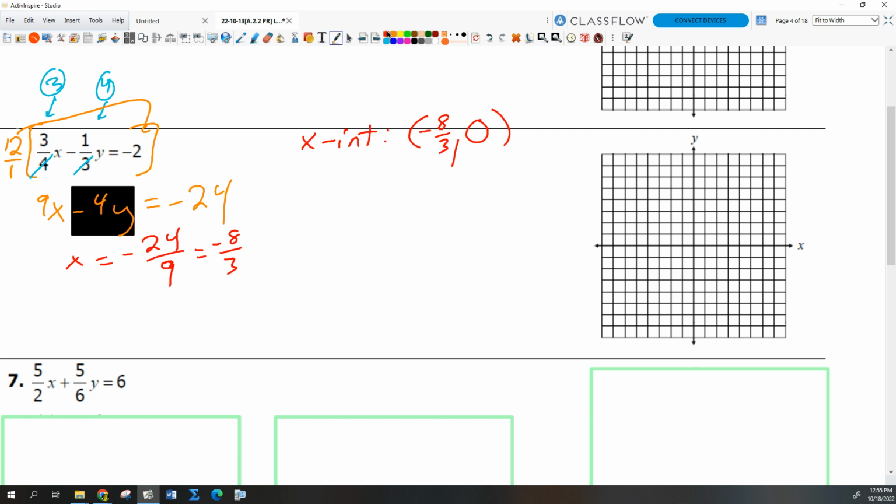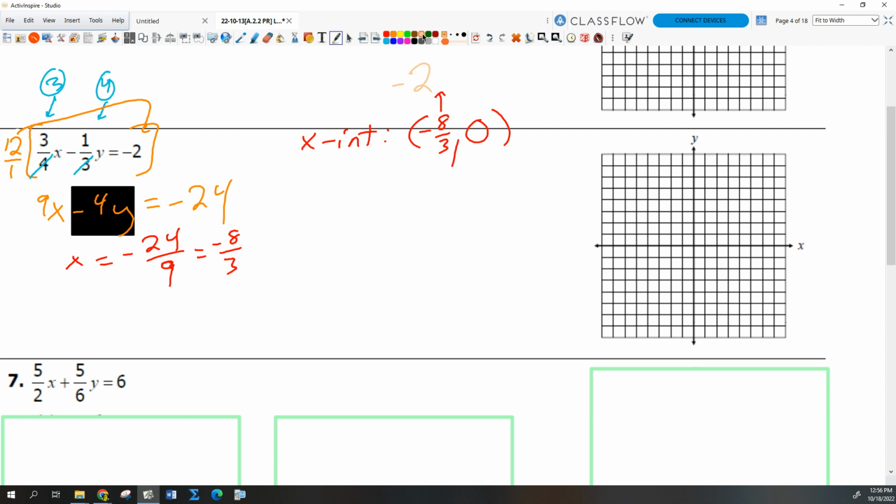So there's my first point. That's a little bit tough to graph because it's a fraction. Now, we always want to write answers as fractions. We never want to write them as mixed numbers, but we might want to think about them as mixed numbers. What would that be as a mixed number? 8 thirds is what? 3 goes into 8 how many times? 2. Okay, so I'm going to get a negative with how many left over? 2, right?